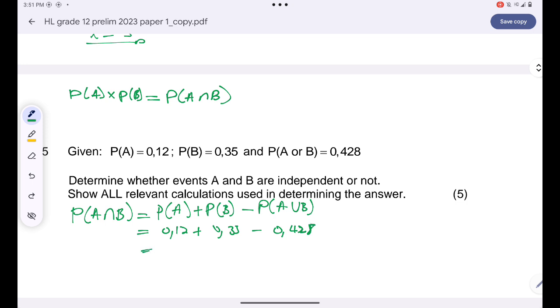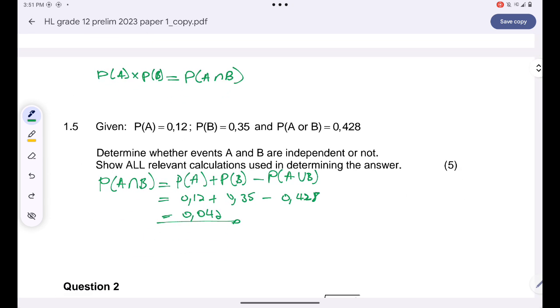Let's see what we find. 0.12 plus 0.35 minus 0.428. This will simply give us an answer of 0.042.